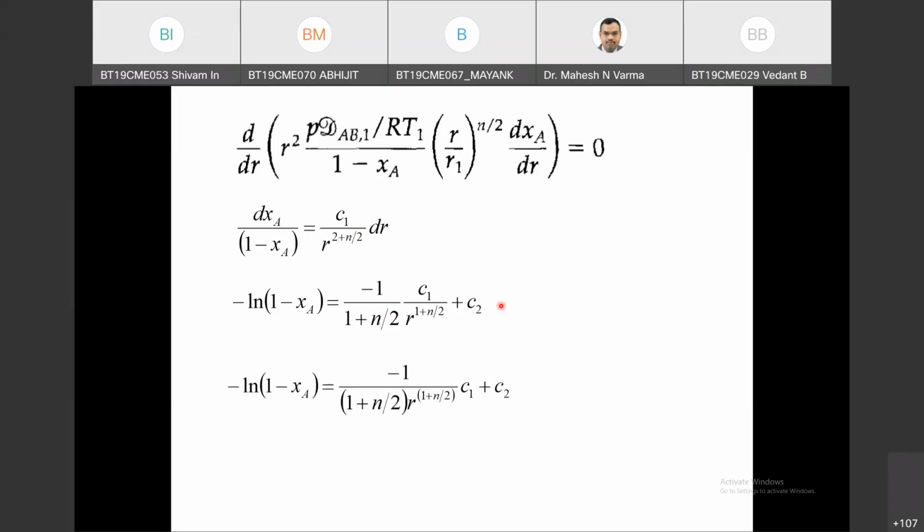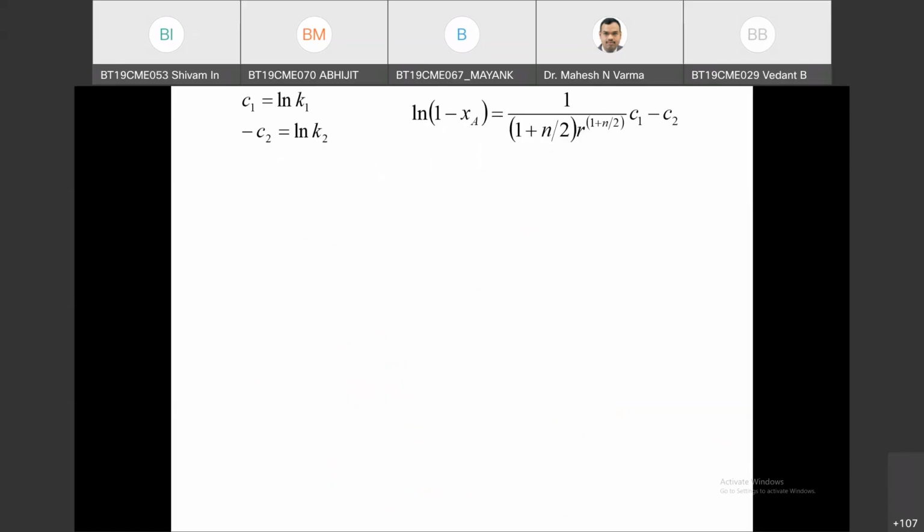Now we have two boundary conditions. This is just a rearrangement of this equation. The bracket is put here, and this is multiplied by minus 1. Here also I have minus 1. So this is 1 plus N by 2 into R raised to 1 plus N by 2. This is a double integration. Now substituting.